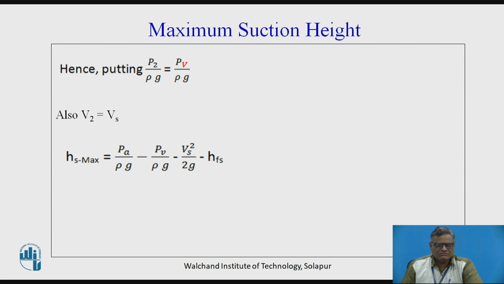This is the formula with which we can calculate the maximum suction height, and it can be utilized for mounting of the centrifugal pump. The maximum height from the free surface of the liquid to the center of the impeller is given by this formula, and it should not be larger than that, to avoid cavitation.